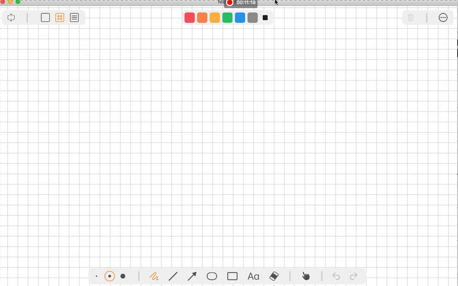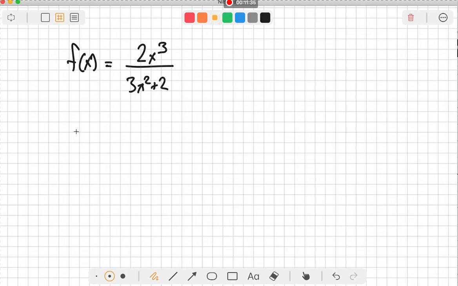So let's play just a little bit with fractions here. Two x cubed over 3x squared plus 2. When I do f of negative x, 2 times a negative x to the third power over 3 times a negative x squared plus 2.